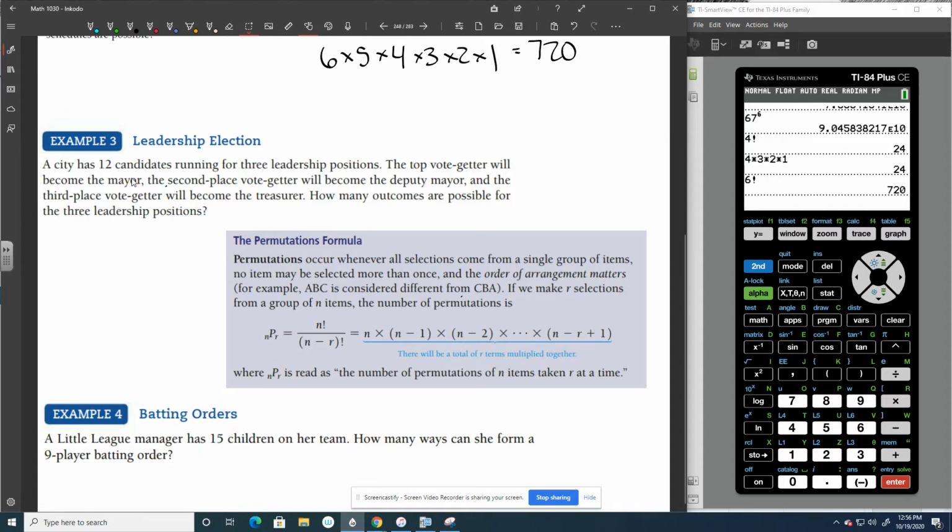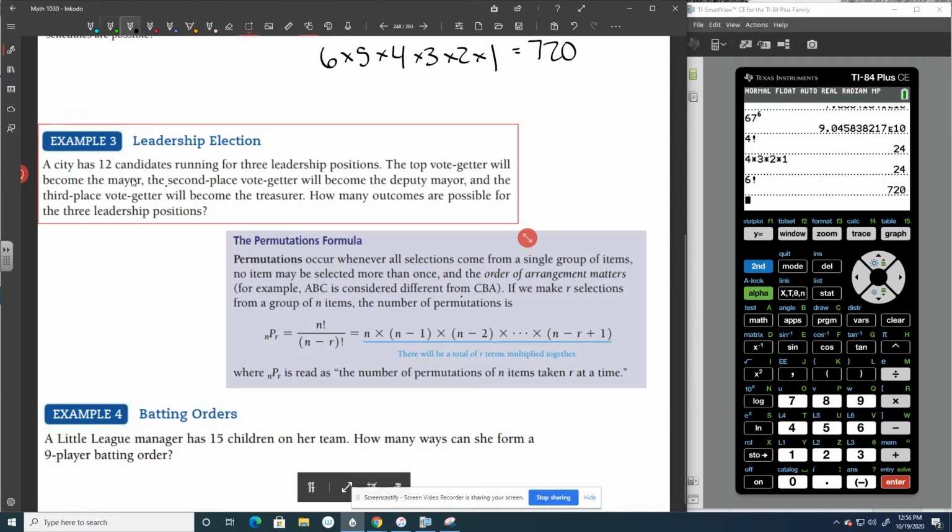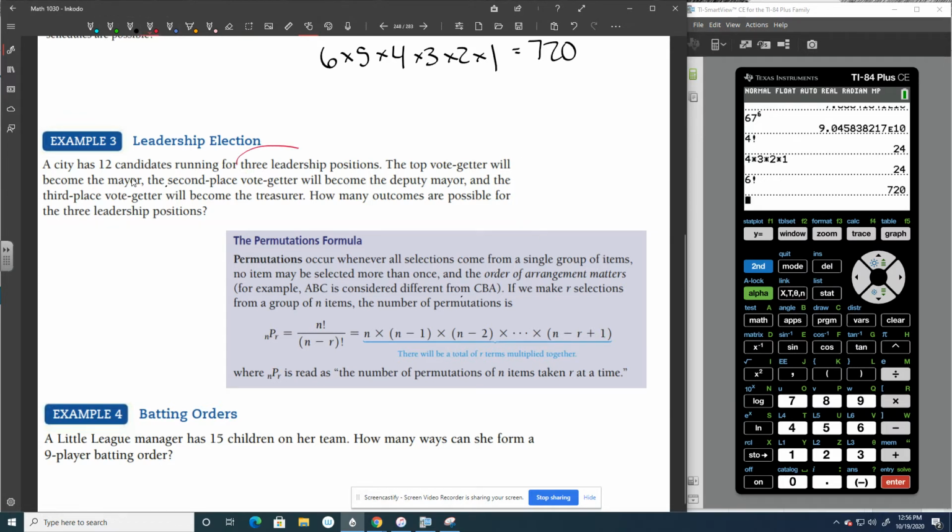The second most votes becomes deputy mayor, and the third most votes becomes treasurer. So it wants to know how many outcomes are possible for the 3 leadership positions. So we're choosing from 12 people, but we're only choosing 3 out of those 12. I'm not ordering 12 people. I'm only choosing 3 out of those 12.